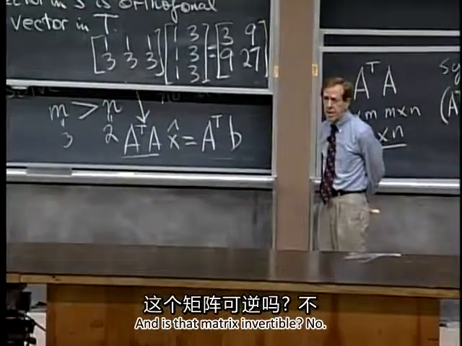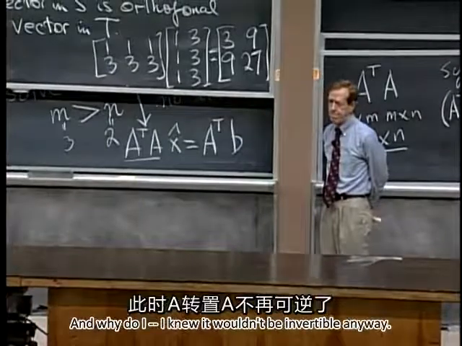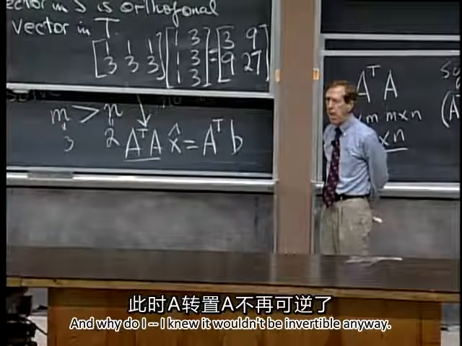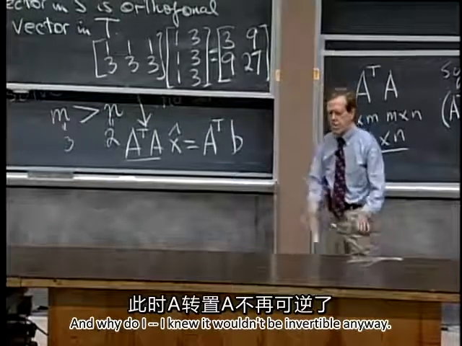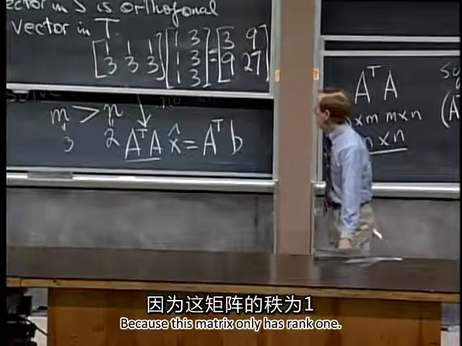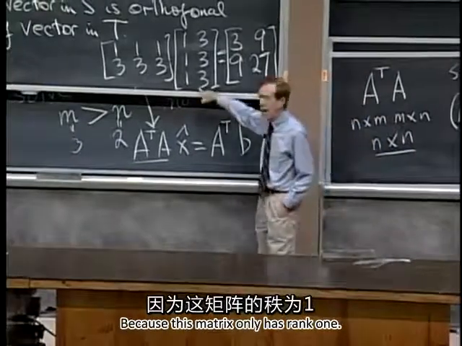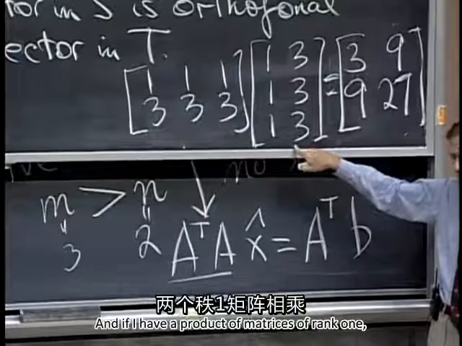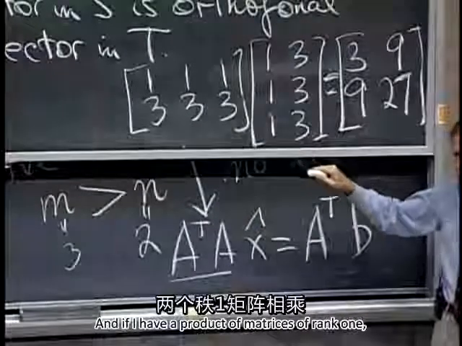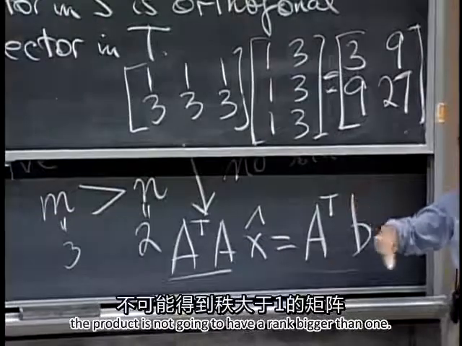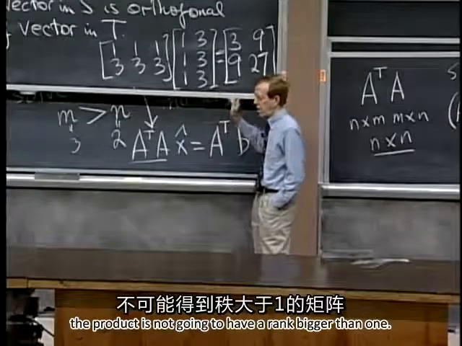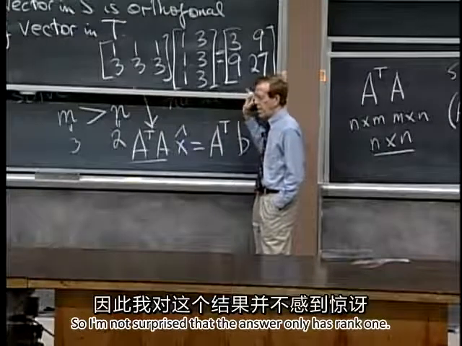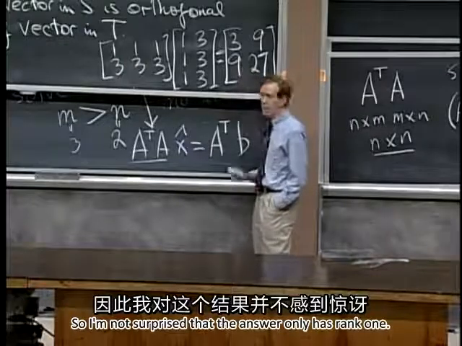And is that matrix invertible? No. And I knew it wouldn't be invertible anyway, because this matrix only has rank 1. And if I have a product of matrices of rank 1, the product is not going to have a rank bigger than 1. So I'm not surprised that the answer only has rank 1.